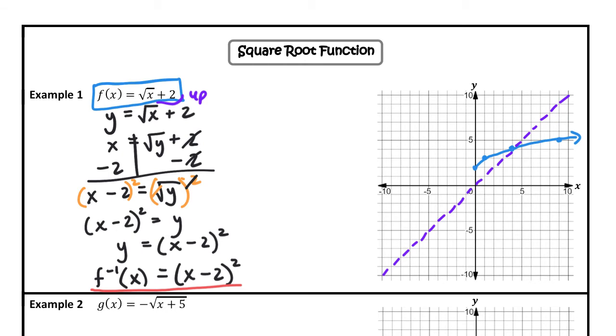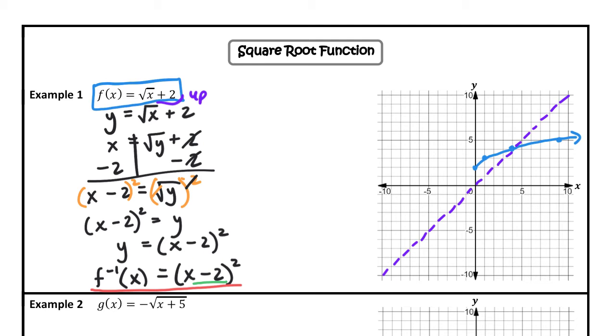And then the next thing is graph the inverse. The inverse is a quadratic function, so it has a U shape, right? And x minus 2 means that we're going to go to the right 2. Actually, let me write that on top.